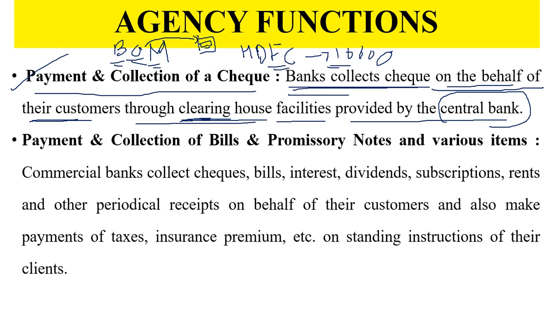The check is originally of HDFC, so the bank will give this check to HDFC, or HDFC will give the check to Bank of Maharashtra, to clear the payment to your account. In this way the bank collects the check and makes the payment to the particular customer. So the bank is acting as an agent for your friend as well as for you.